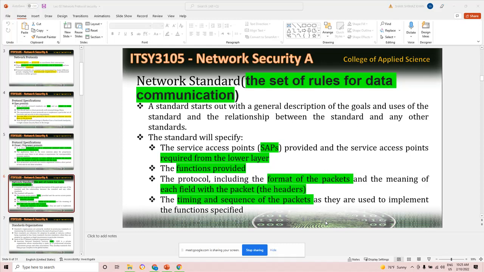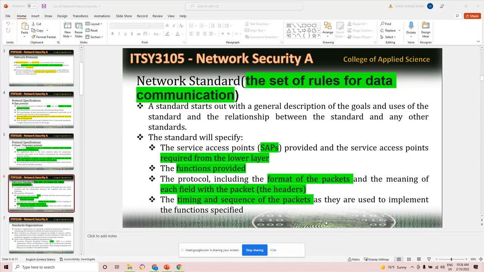What is a standard? I already told you the importance of standard. If there is no standard, students, any protocols which are designed, if they are not following the standard, then they cannot be used in heterogeneous devices. They cannot be used in different devices with a different operating system.